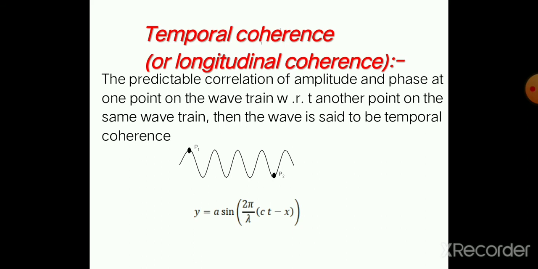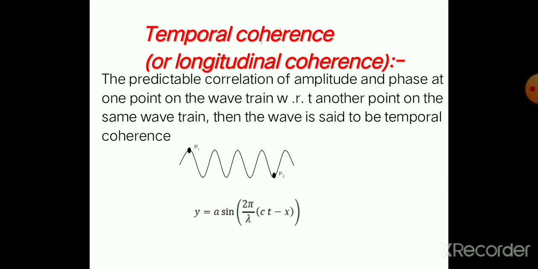Temporal coherence. The predictable correlation of amplitude and phase at one point on a wave train with respect to another point on the same wave train is called temporal coherence. To understand this, let us consider two points P1 and P2 on the same continuous wave train, as shown in the figure.